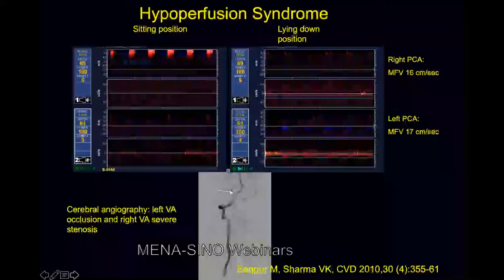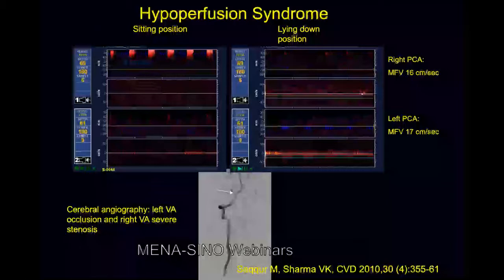So I will present a series of cases that we collected and published, where we prove the concept that intracranial atherosclerotic disease can lead to hypoperfusion syndrome. It means a blood steal phenomenon rather than being an embolic phenomenon.